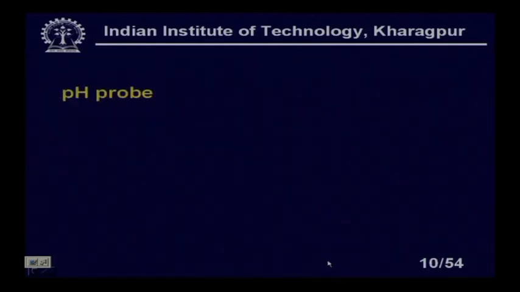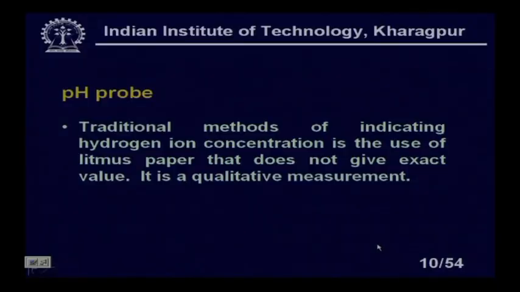Now, the pH probe, because for pH measurement you need a probe, and the details of the probe are to be discussed. The traditional method of indicating hydrogen ion concentration is the use of litmus paper. This you have seen in the chemistry laboratory, where people use litmus paper to know whether the solution is acidic or alkaline, but this is a very qualitative method of measurement. It will not tell you how strongly acidic or how strongly alkaline it is.